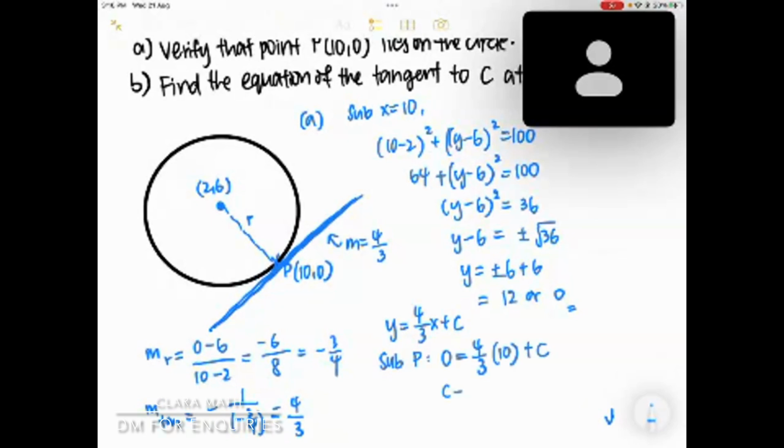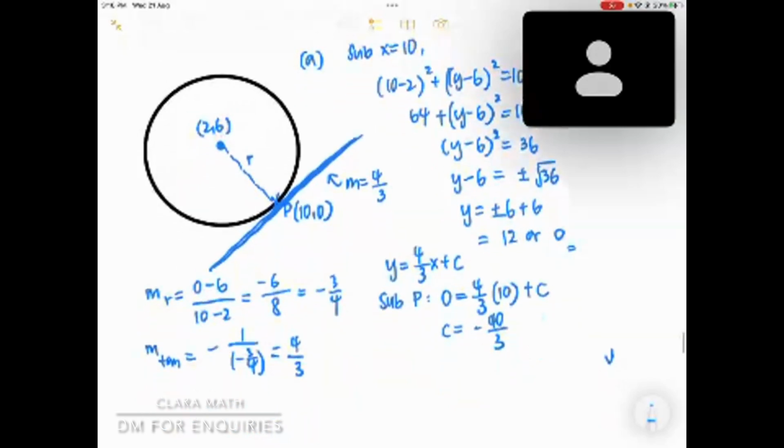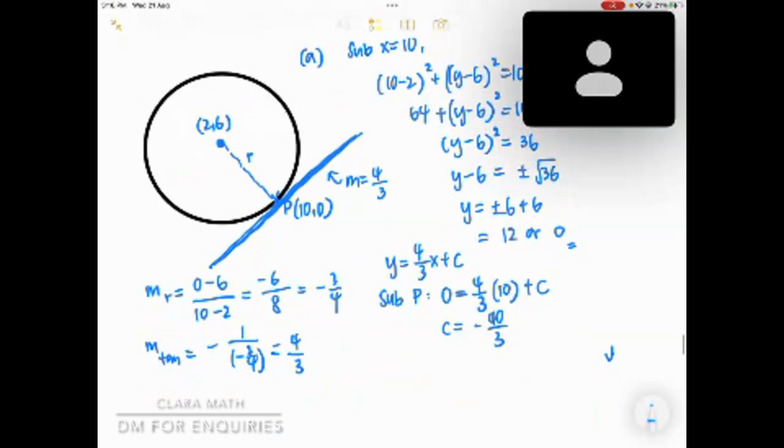So we can find c, negative 40 over 3. Okay, so that's your equation for the tangent. Therefore, y equals 4 over 3 x minus 40 over 3.